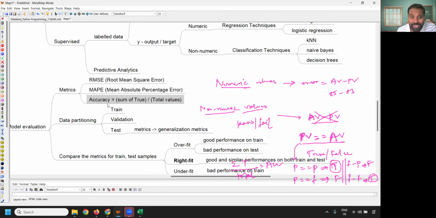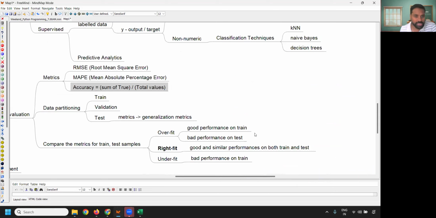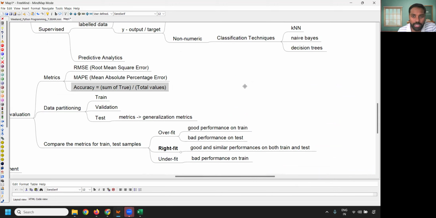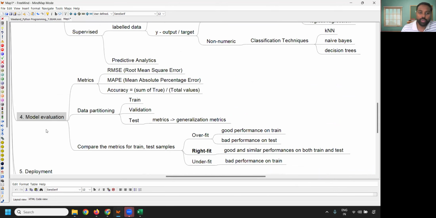If I say 1 minus accuracy, that gives us the overall error. That means the sum of false cases. There are many other metrics that we will be looking at, but at a high level, these are the metrics that we compare for doing model evaluation.